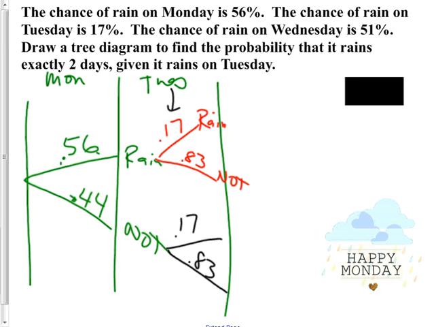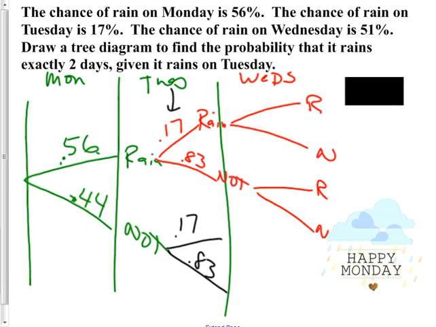And the last one is on Wednesday is 51. So here's Wednesday. And you got two branches, rain or not. And there's two more down here. It's huge. Yep, like Bernie would say, huge.